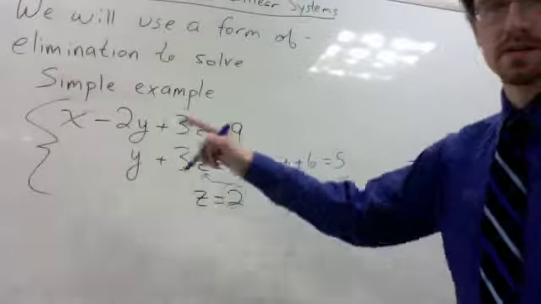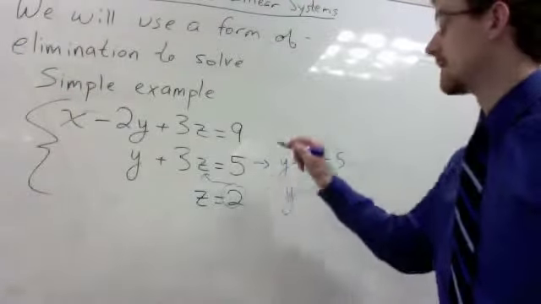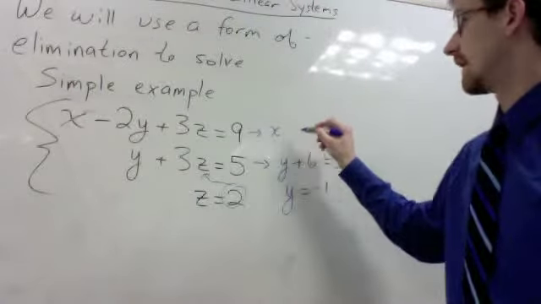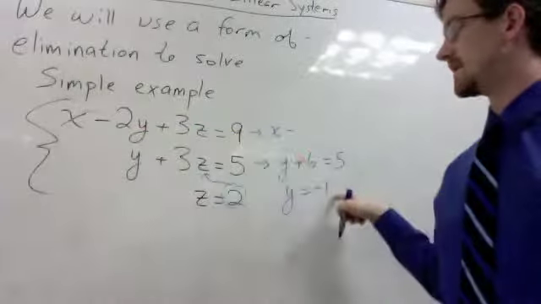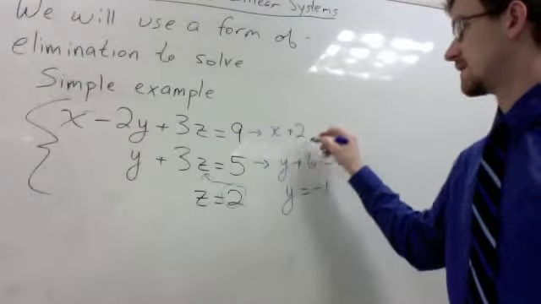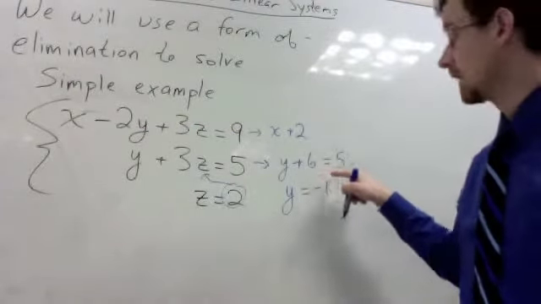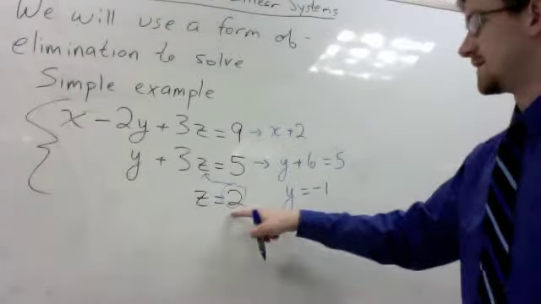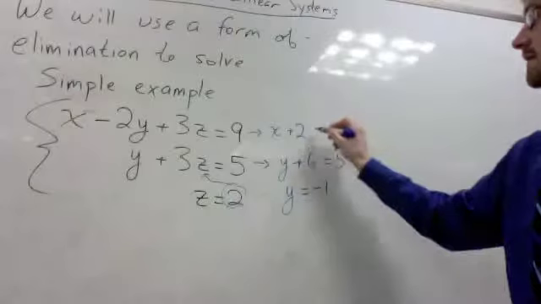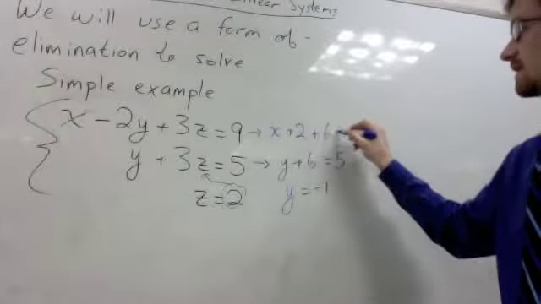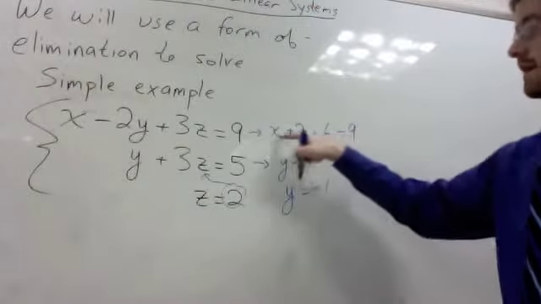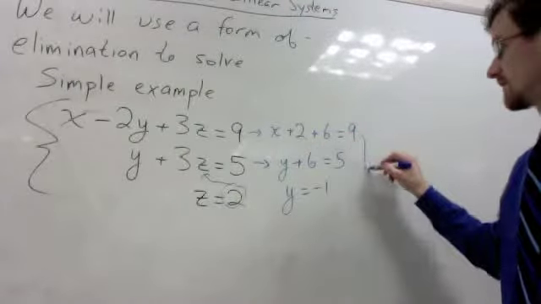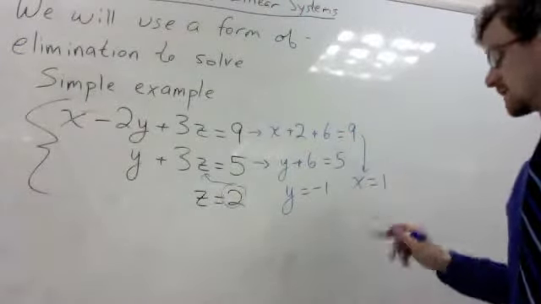And then we can plug these both into our first equation to solve for x. So x minus 2 times -1 gives us plus 2. Our z is 2. 3 times 2 plus 6 is 9. x plus 8 equals 9, which gives us x equals 1.